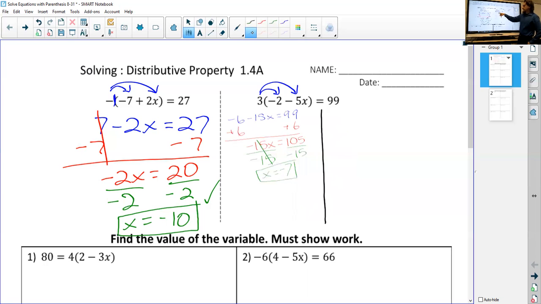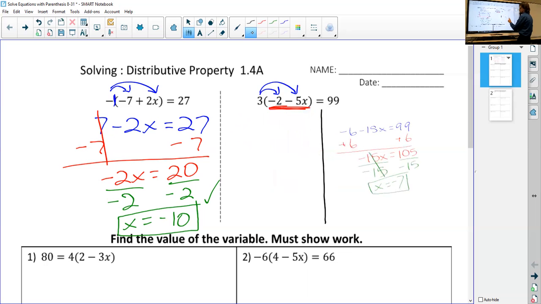I see 3 times whatever this works out to be has to equal 99. So I know that this has to be some whole number because 3 times something equals 99, which means I can get rid of this 3 without having to distribute it. If this is 3 times something equals 99, then I can divide both sides by 3.